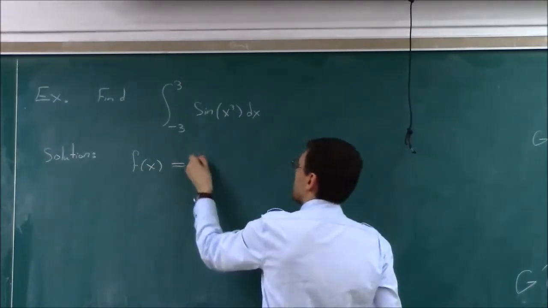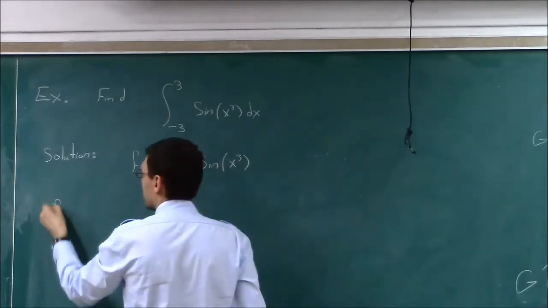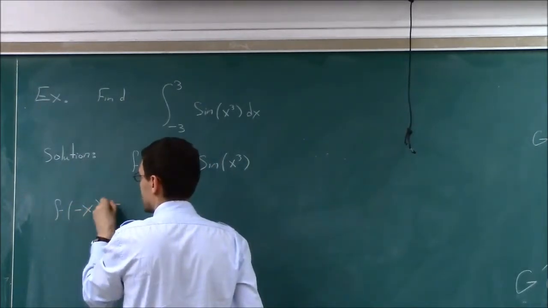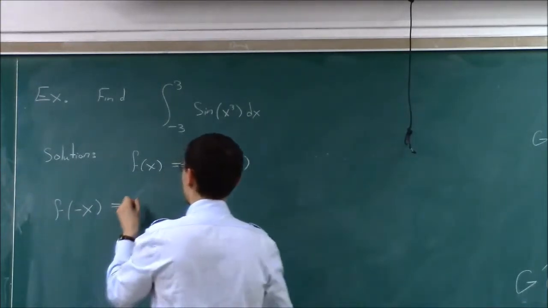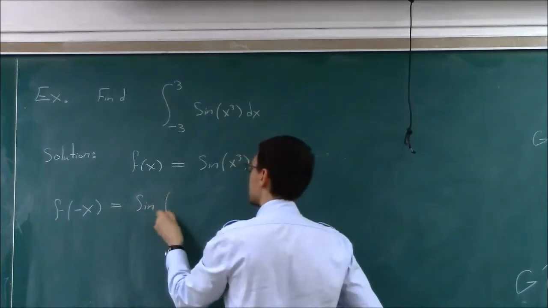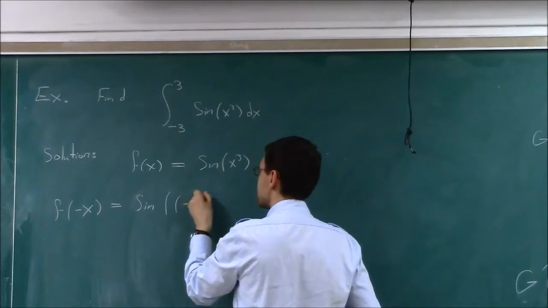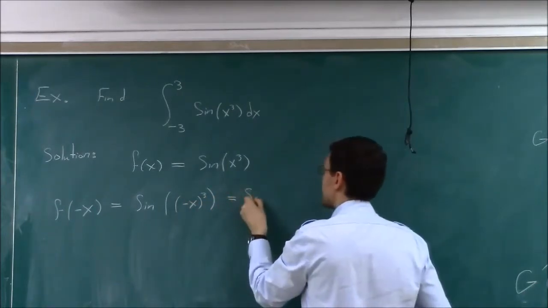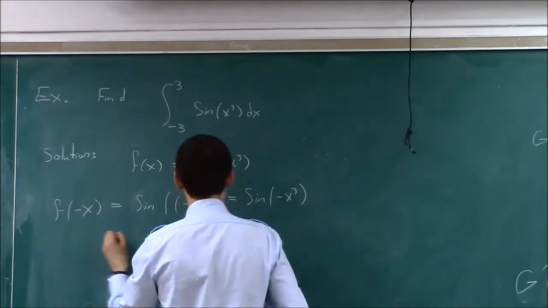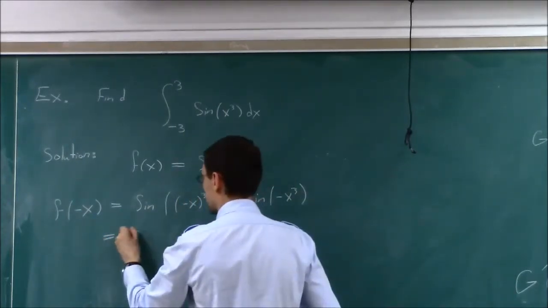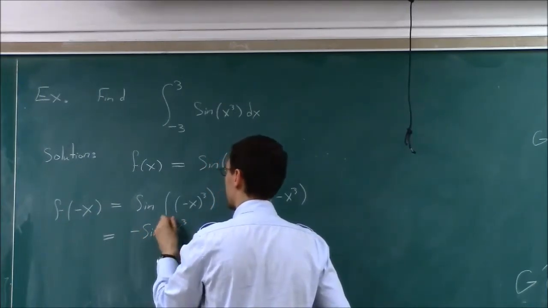What you do here is take f of x to be sine of x cubed. And then observe that if I take f of minus x, that would be sine of minus x cubed, which is sine of minus x cubed, which is, sine is also odd, so it's minus sine of x cubed.